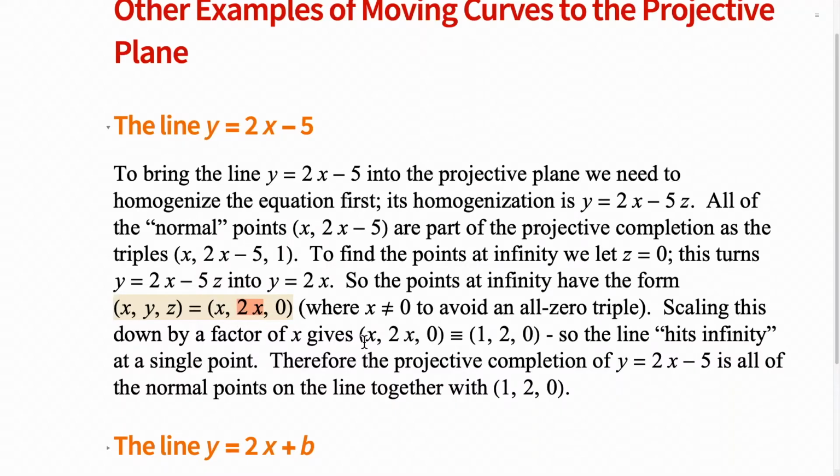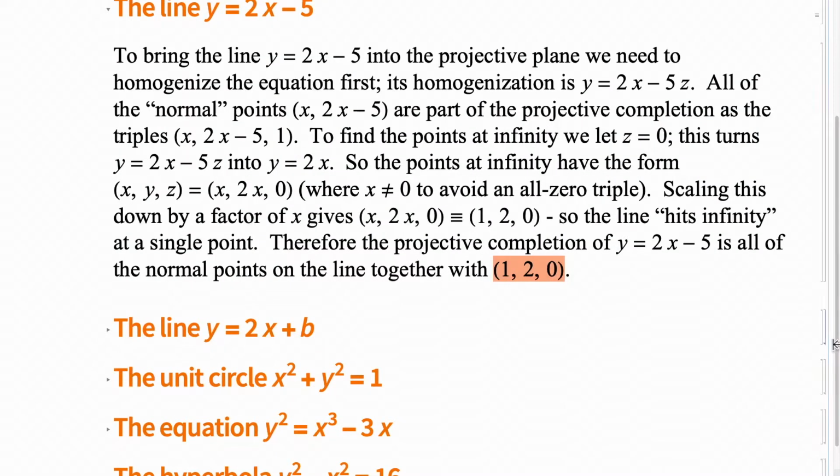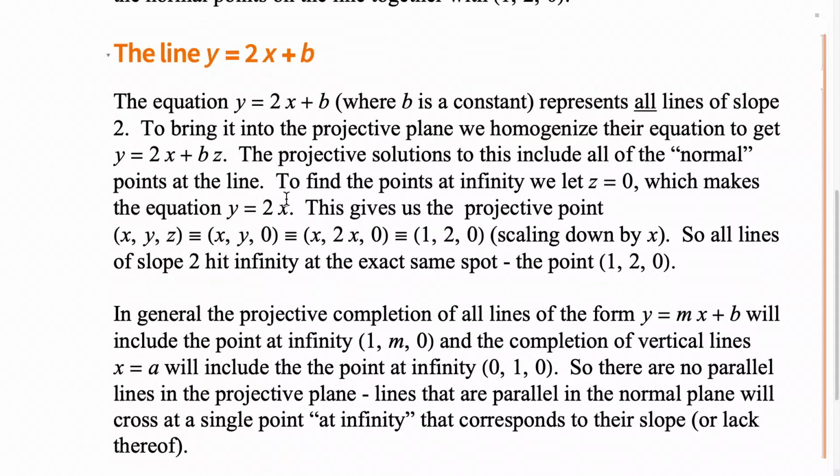Scaling this down by a factor of x changes that to the point 1, 2, 0. So the line y equals 2x minus 5 hits infinity out at a single point, and the projective completion of y is 2x minus 5 is all of the regular points on the line together with that infinity point 1, 2, and 0.